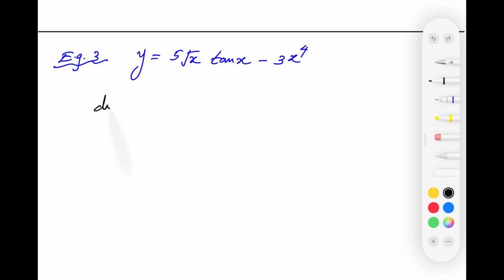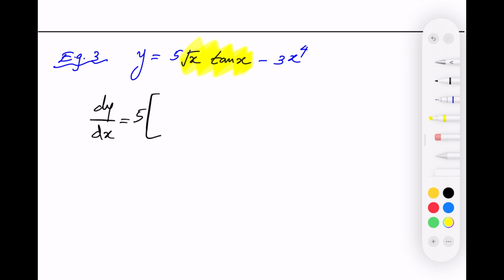Then dy by dx equals, for the differentiation of that first part of that function, I'm going to factor out a 5 using that second property. I will open brackets and then I need to differentiate square root x times tangent x. I can identify one of them as f, the other function as g, and then simply apply the product rule.